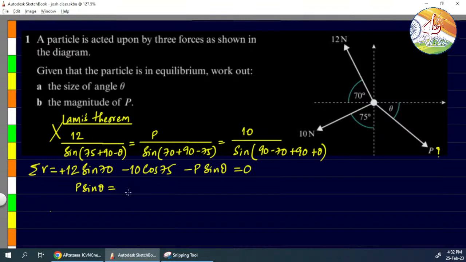What do we get? We can do the calculation.